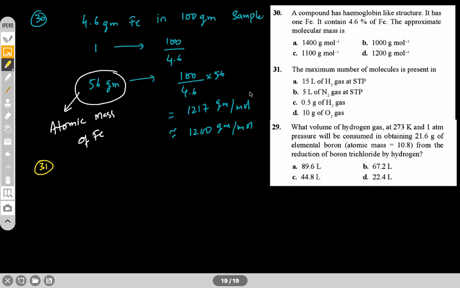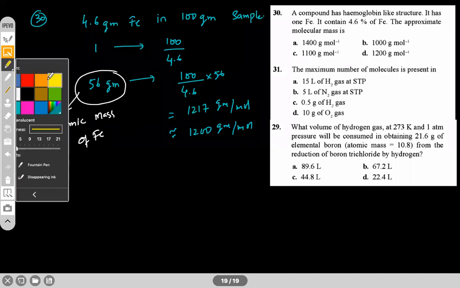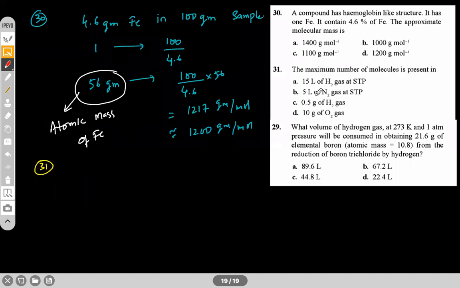The one which has more number of moles will have more number of molecules, right? So obviously 15 liter of H2 must have more number of moles than 5 liter of N2. That will be thrice of that of N2. So N2 is not possible for sure, right? Here we have 15 liter.